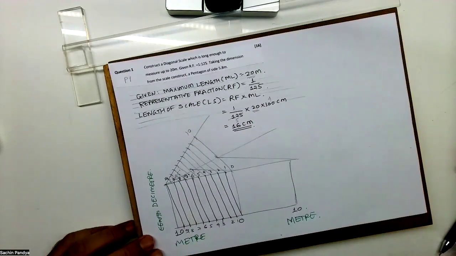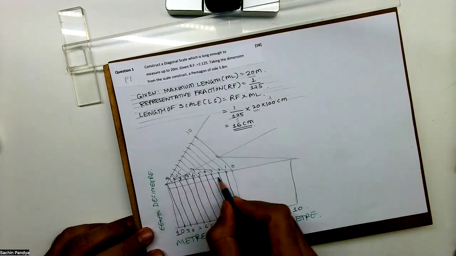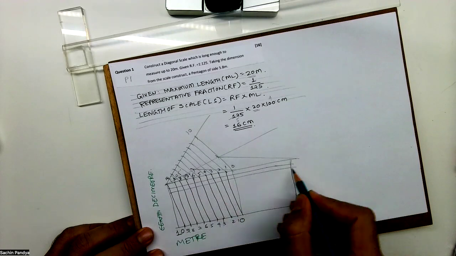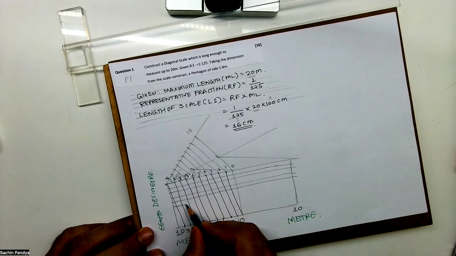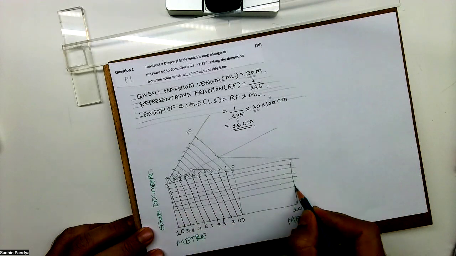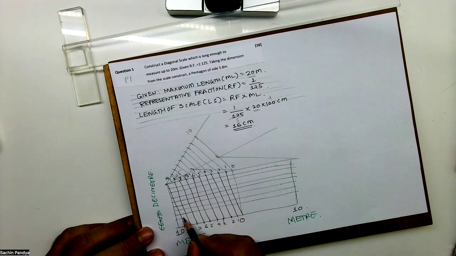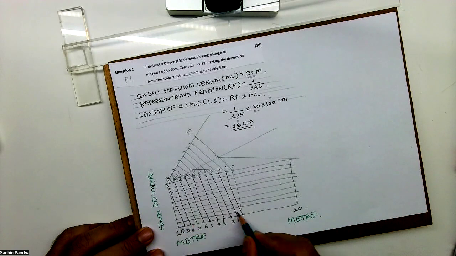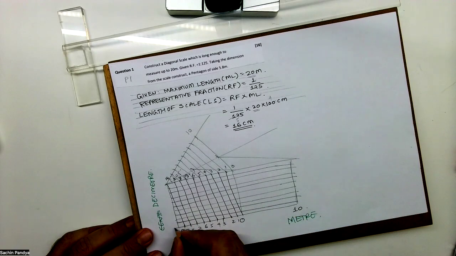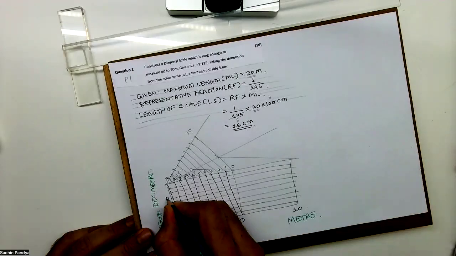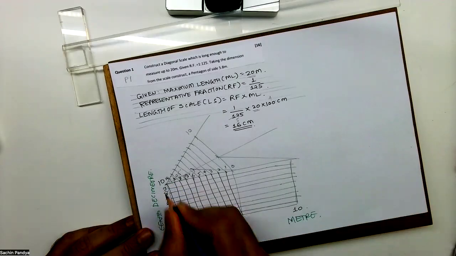Got it? So what I need to do, I need to divide this into 10 parts. 1, 2, I can mark 5 mm like this. 3, 4, 5, 6, 7, 8, 9, 10. Got it? You can write 1, 2, 3, 4, 5, 6, 7, 8, 9, and 10.